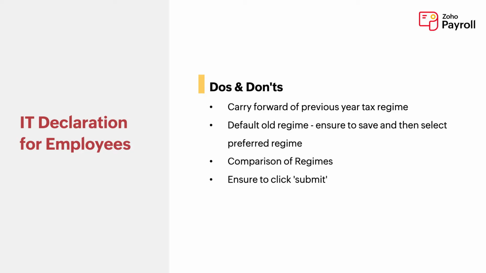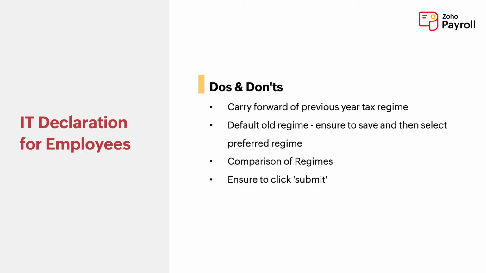But if you want to make any changes to the IT declaration, that will be possible. Even though we have synced it from the previous fiscal year, we will still allow the employees to edit those declarations so that it will be according to their requirement.